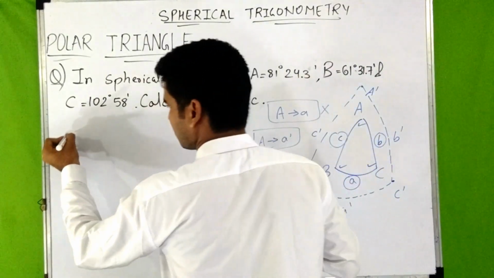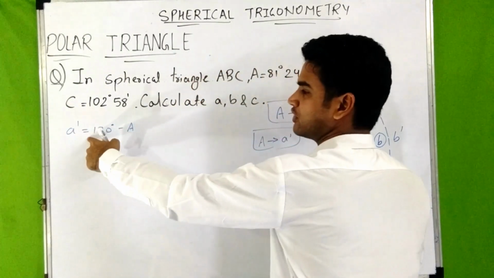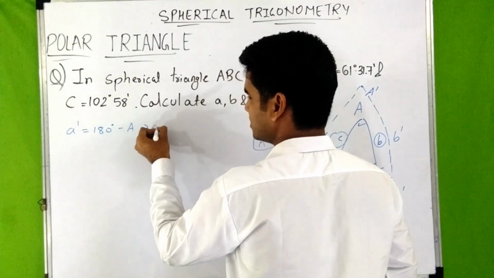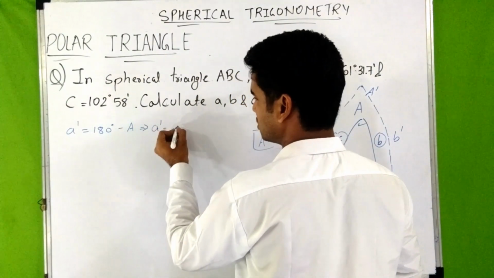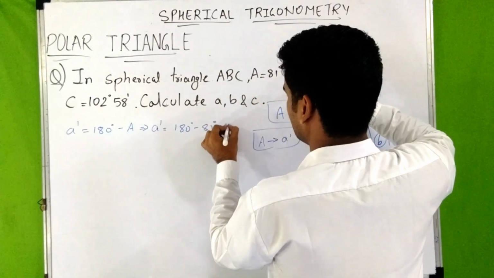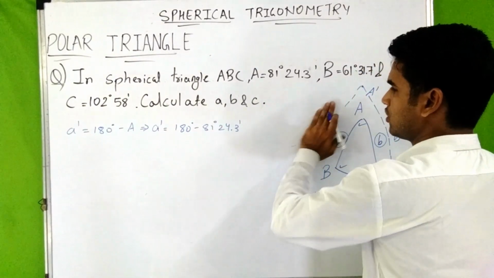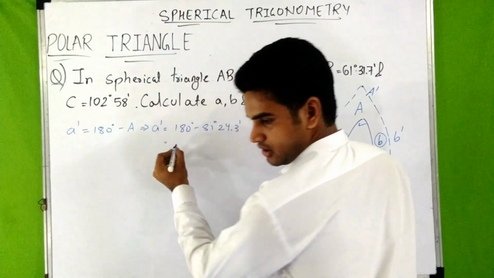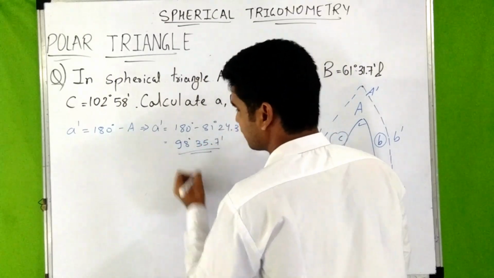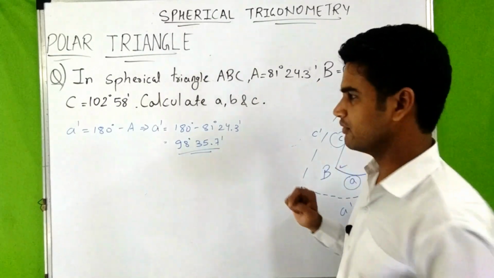According to the statement, small a dash is equal to 180 degree minus capital A. So putting the values, we get a dash is equal to 180 degree minus the value of capital A, that is 81 degree 24.3 minutes. By putting this on the calculator, you will get 98 degree 35.7 minutes.